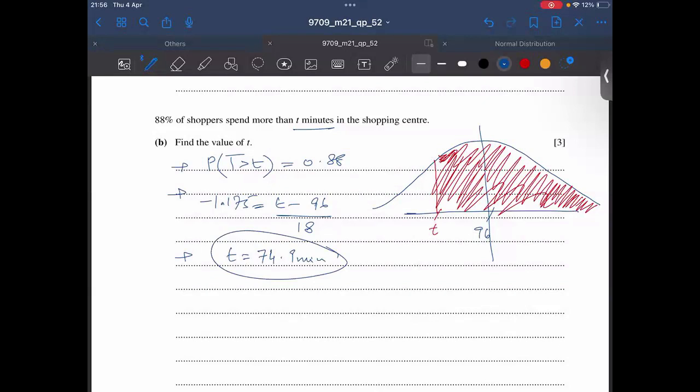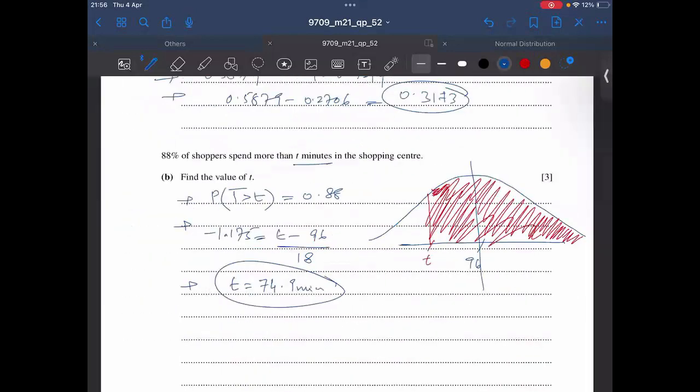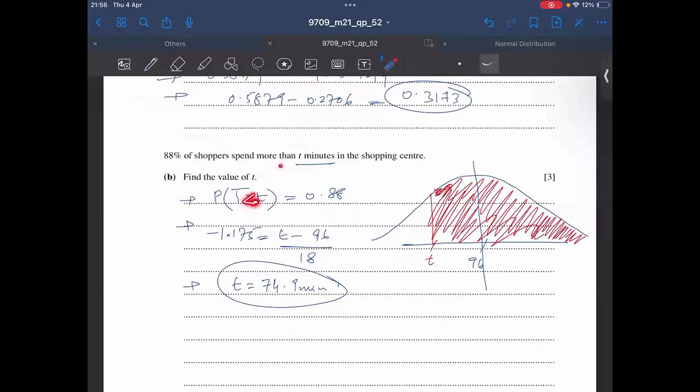Is that clear or not, Ms. Iman Kamran, Mr. Imad Ahmed, Mr. Yusuf Hussain? Is it clear? If this had been less than t, if it had been written less than t, you would have started shading from the left, and you would have shaded 88% starting from the left. The value of t would have been lying somewhere over here.